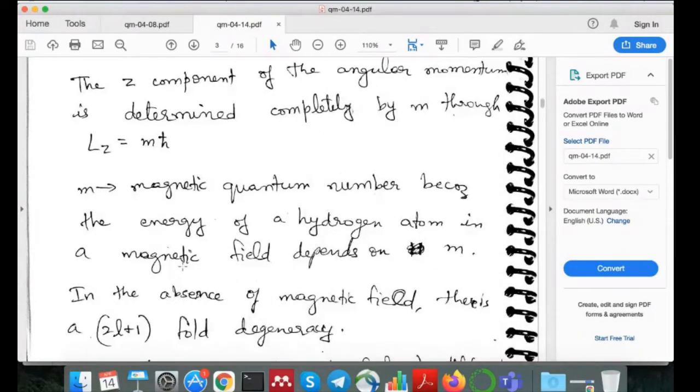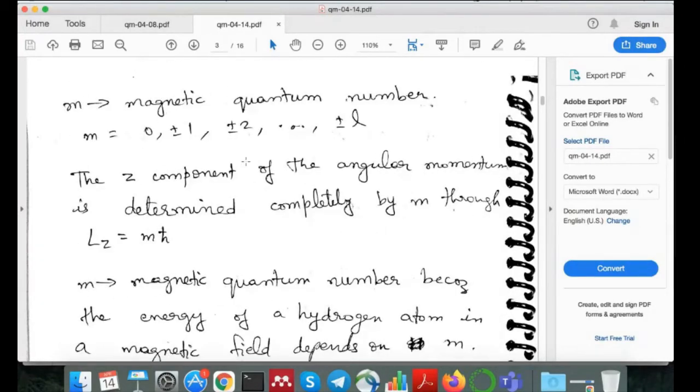Okay, m is the magnetic quantum number because the energy of a hydrogen atom in a magnetic field depends on m. Why this happens: let's take an example where L is equal to 1. In that case, M has three possible values: minus 1, 0, and plus 1.